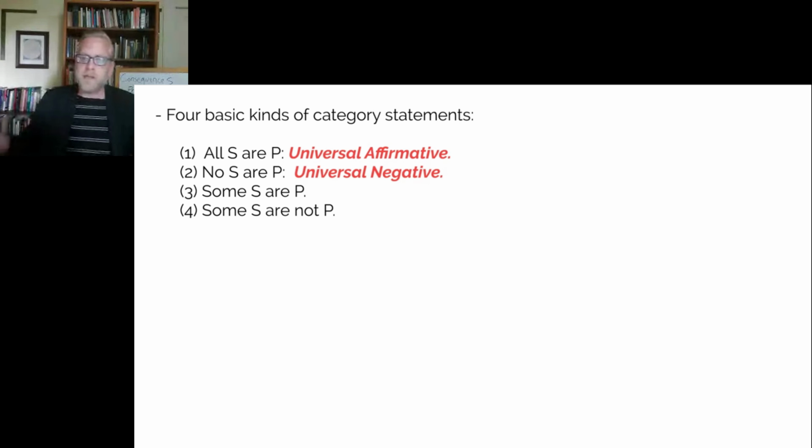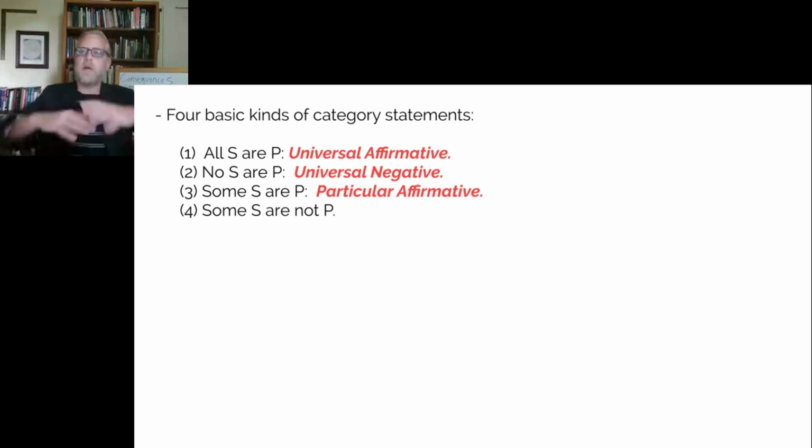Or we're still talking about all the members, but we're saying it in a negative way. So it's a universal negative. No S are P: no humans are cold-blooded creatures, unless you mean metaphorically, and then I've met a few. Some S are P, that's again affirmative, but now we're talking about particulars, not all. We're talking about some, not the collection of all of them.